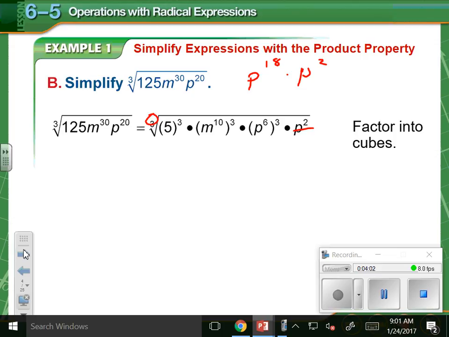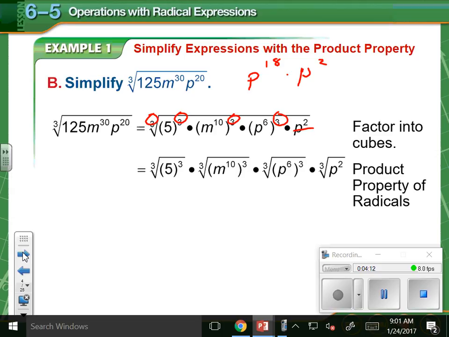This cube root will cancel out with that cube, and that cube. It'll cancel those 3 things off. Now they're probably going to show that you break them up into their own cube roots, and that's fine. Visually that may help you. When they're all multiplication, you can give them their own cube root.